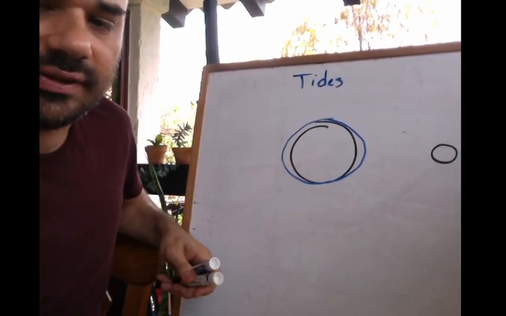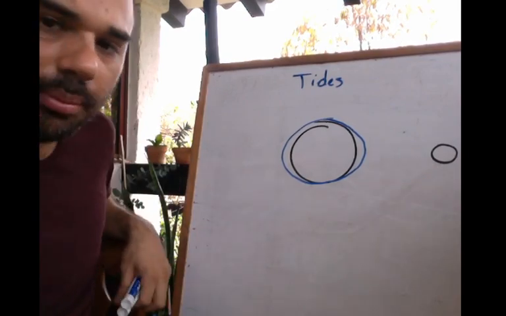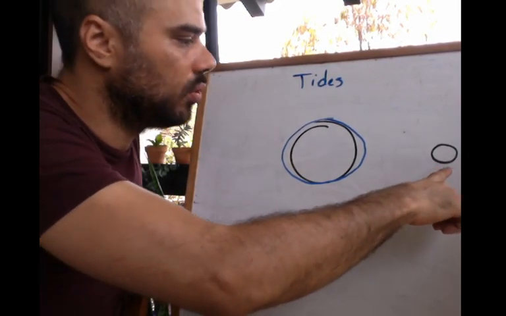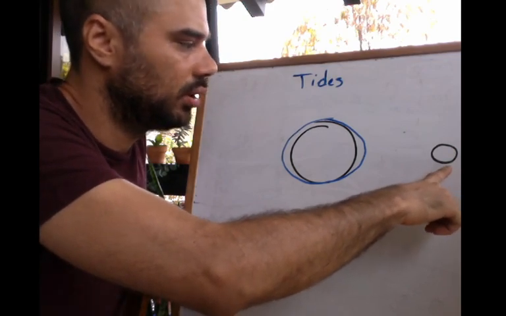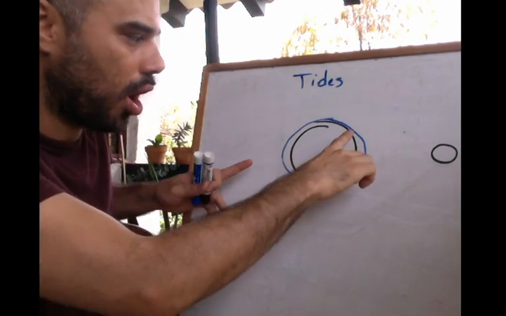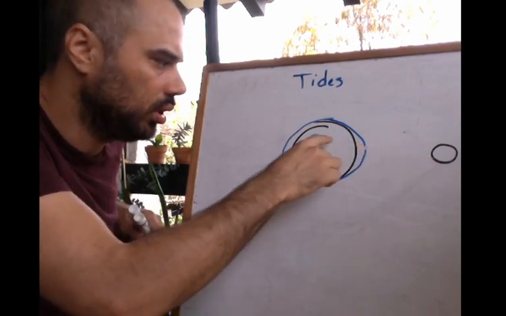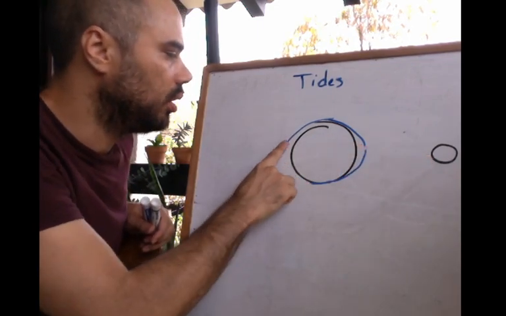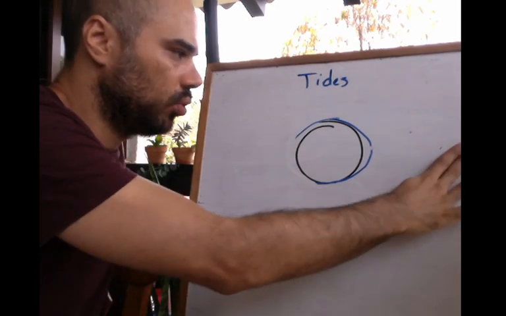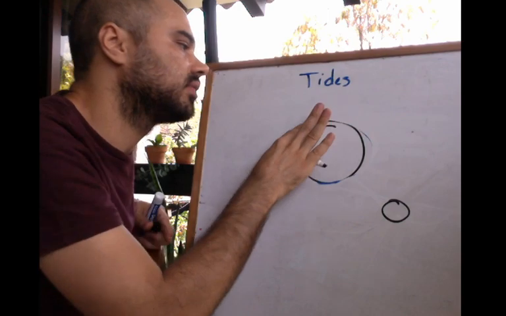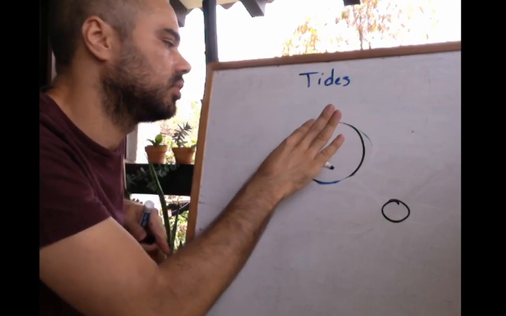And what causes these tides? The moon. The moon is the one that causes the tides, because when the moon is moving, the water levels follow in two directions, in the direction to the moon and in the opposite direction. If the moon is over here, then our tides change with the moon.